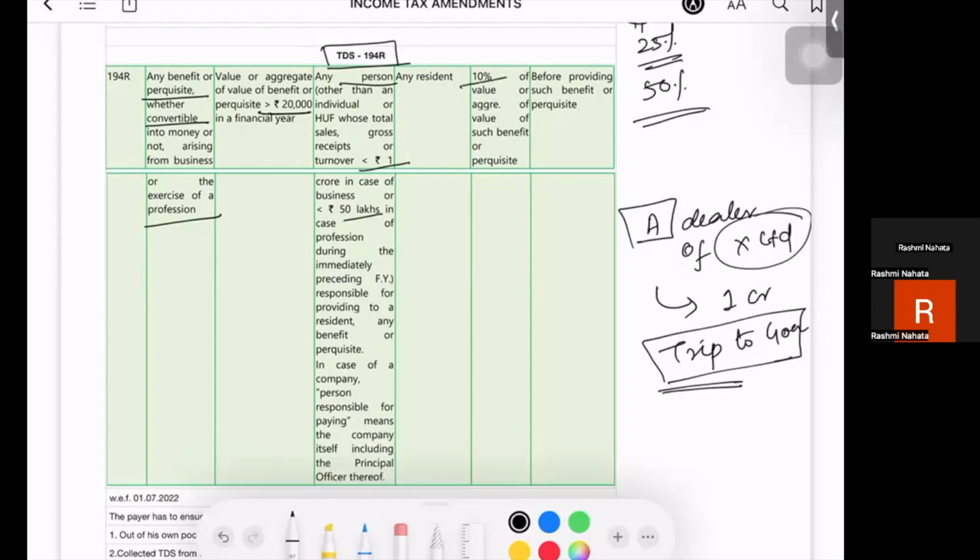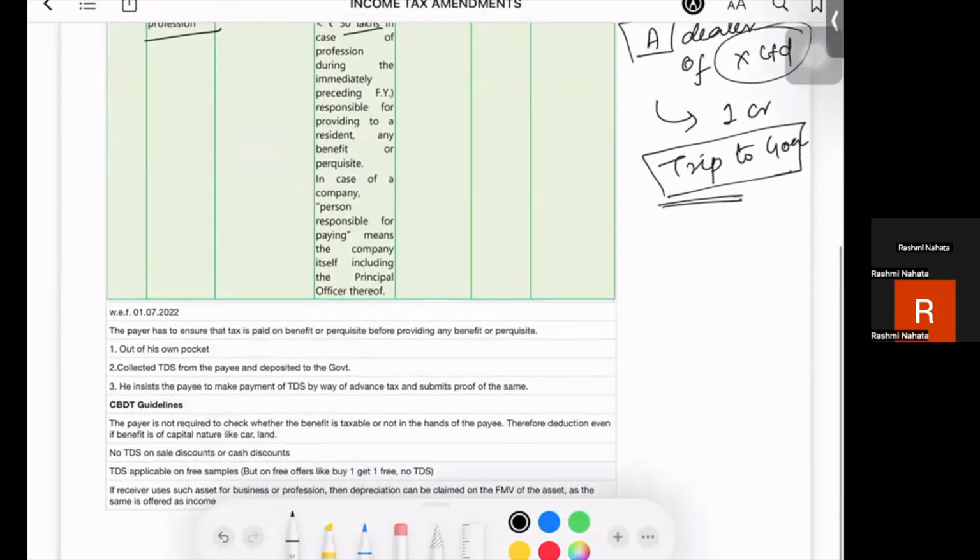And the rate is 10%. This benefit could be offered to any resident. And deduction should happen before such benefit is provided. This comes into effect from 1/7/2022.